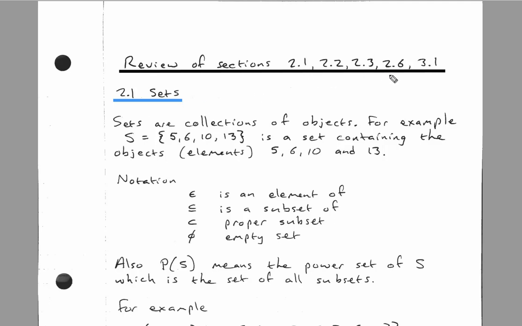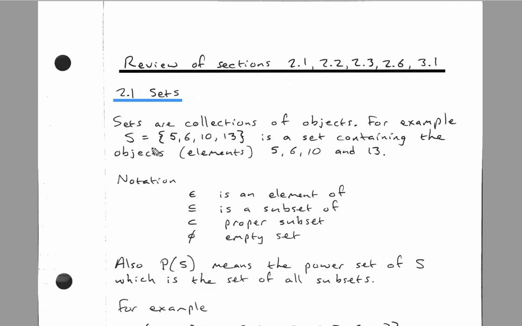And here in chapter 2 we're looking at some basic mathematical structures. The first one we looked at was sets, collections of objects like numbers, and there's lots of notation to get right.